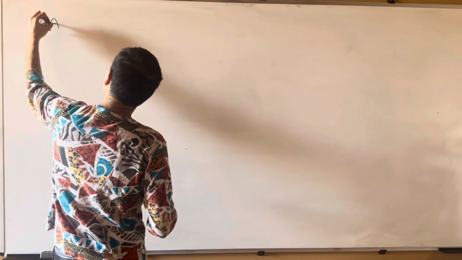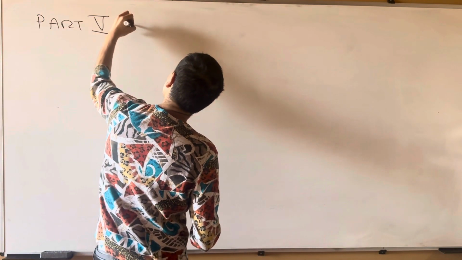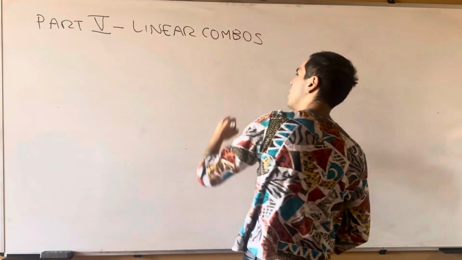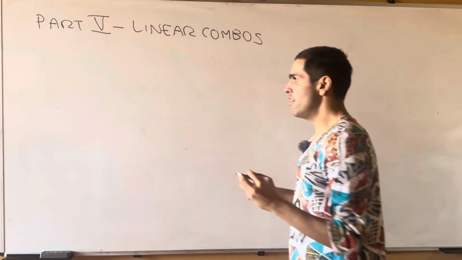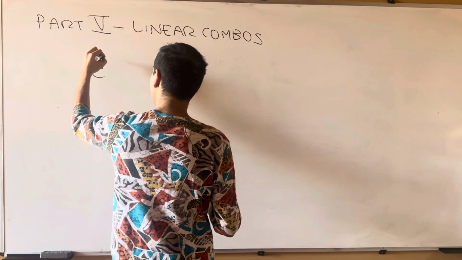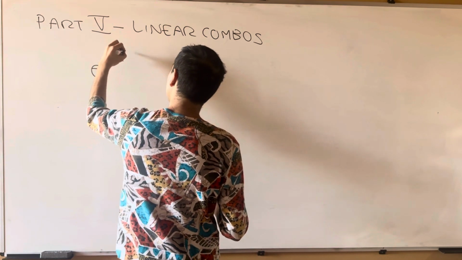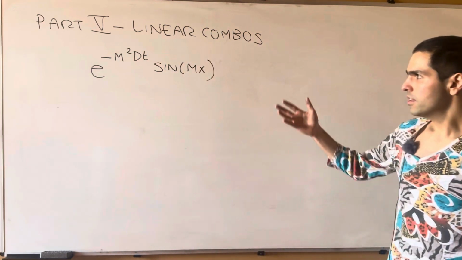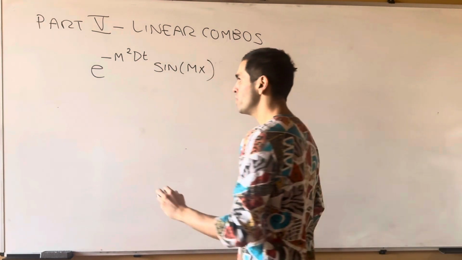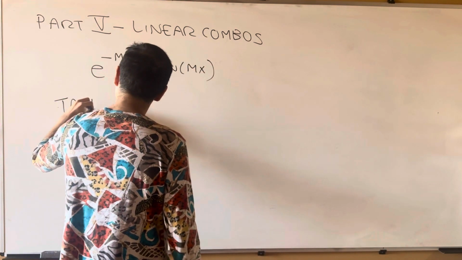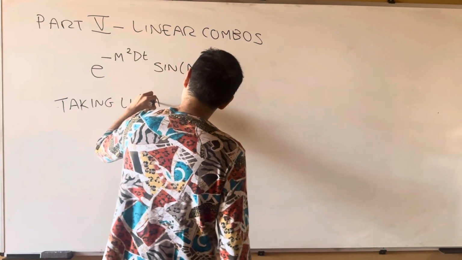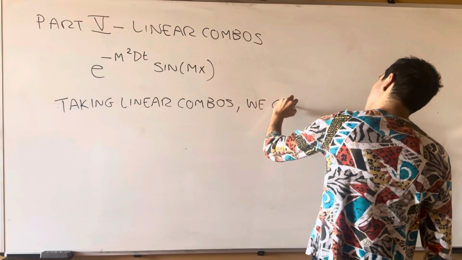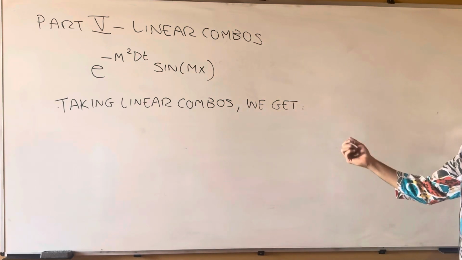So part 5. Linear combos. So I want to remind you, for every m, the following is a solution. So e of minus m squared dt sine of mx. And now, taking linear combos, we get the following. We get that the following is a solution.